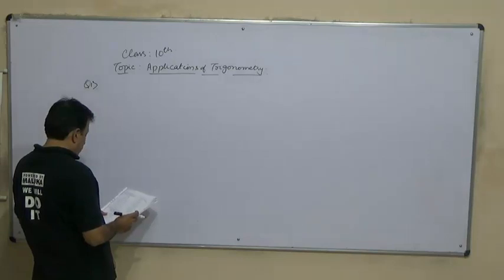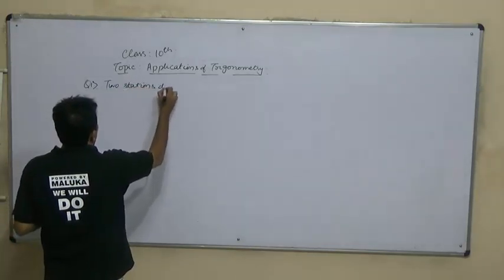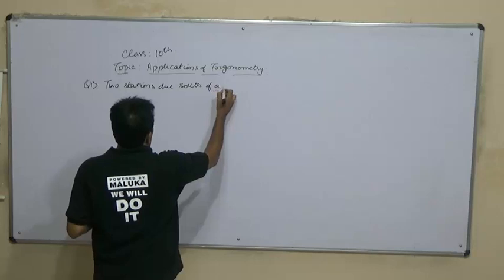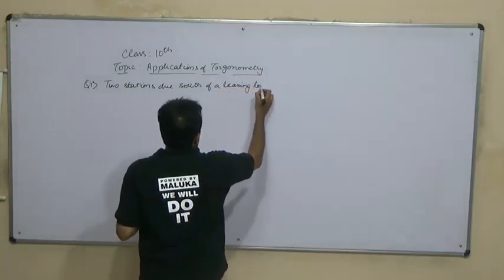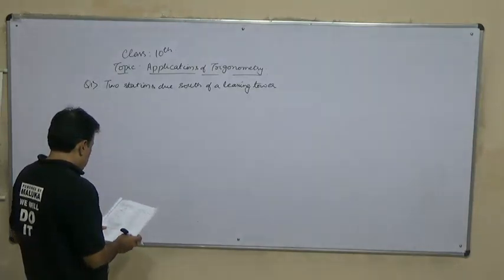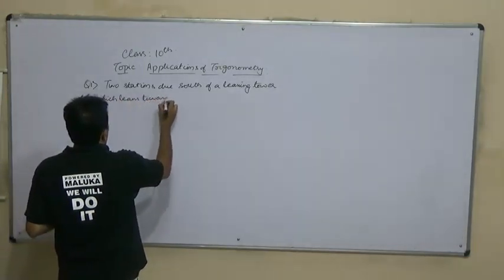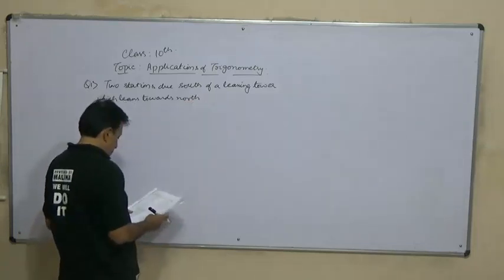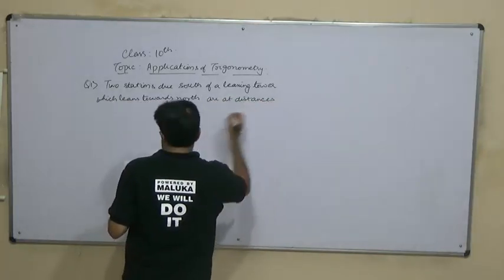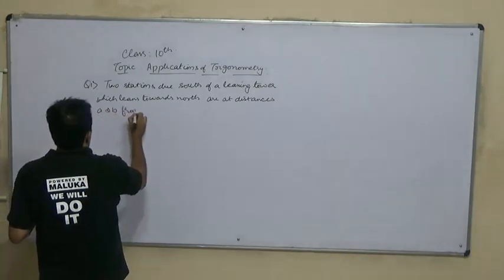Two stations due north and due south of a leaning tower which leans towards north are at distances A and B from its foot.